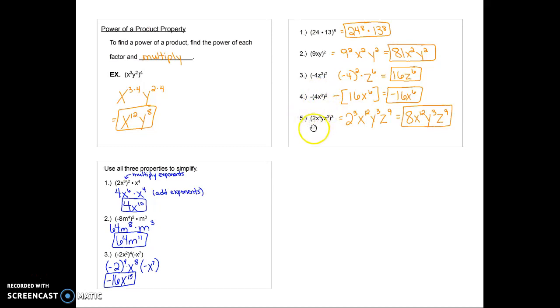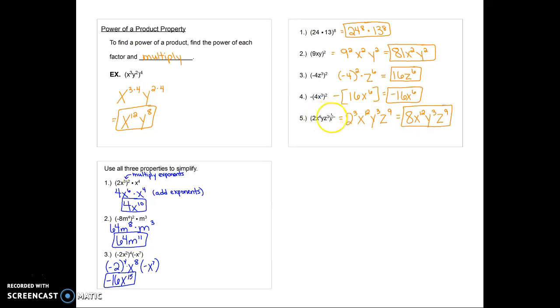All right, last example in this part. We have 2x to the 4th, y technically to the 1st. You have to remember that there's a 1 there, and then z to the 3rd. That entire base is being raised to the 3rd power. So I attach it to each one of them. 2 to the 3rd power, x becomes to the 12th power because I can multiply those. Y becomes to the 3rd power because again this is a 1 times 3.